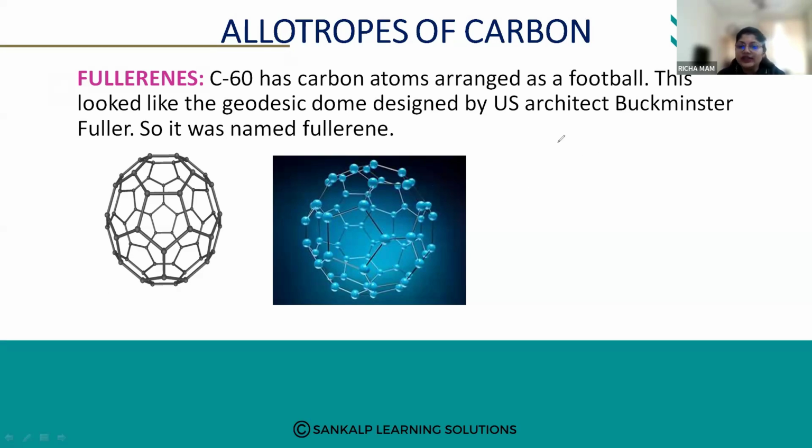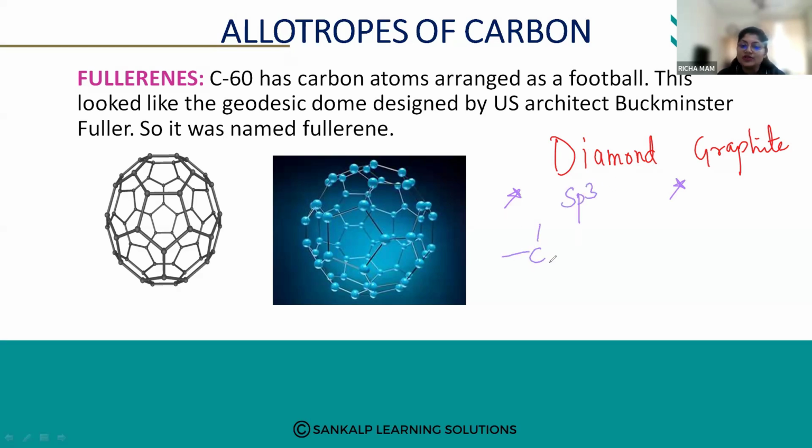Now when we discuss the difference between diamond and graphite, based on the structure, how are these two different? In diamond, each carbon atom is attached to four other carbon atoms, and because of that it is forming sp3 hybridization.